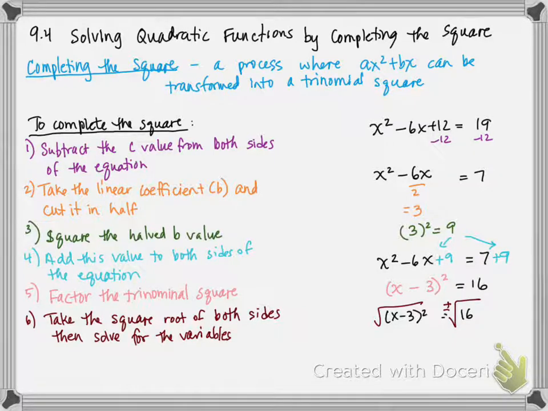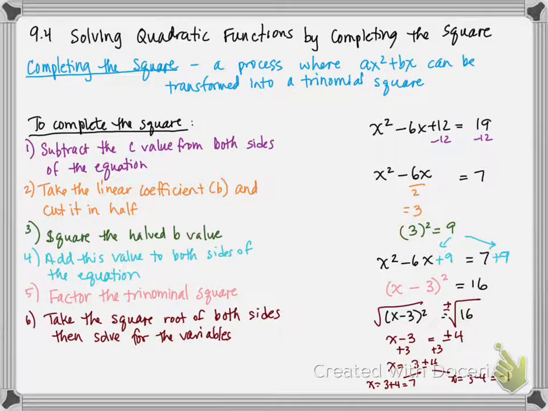So I get x minus 3, since the square root of a quantity squared is the quantity, equals plus or minus the square root of 16, which is 4. I add 3 to both sides, and I get x equals 3 plus or minus 4. Then I do the 2 cases: x is 3 plus 4, or 7, or x is 3 minus 4, or negative 1.